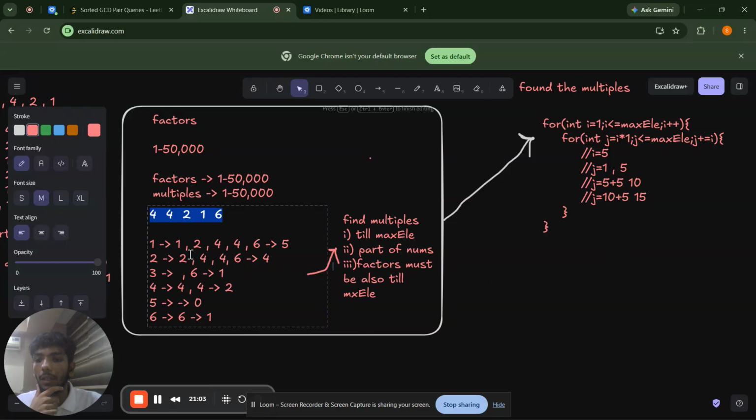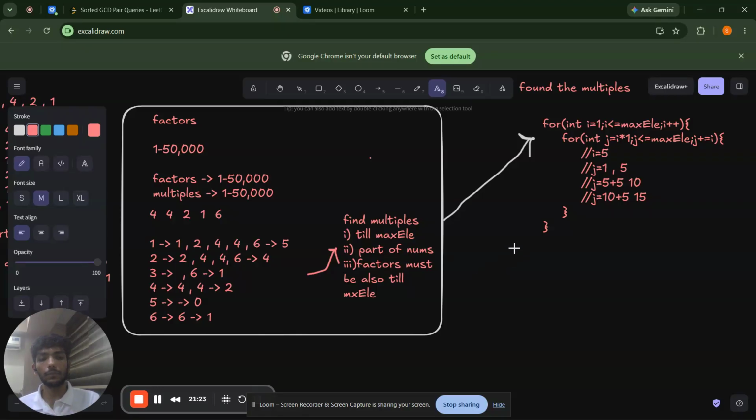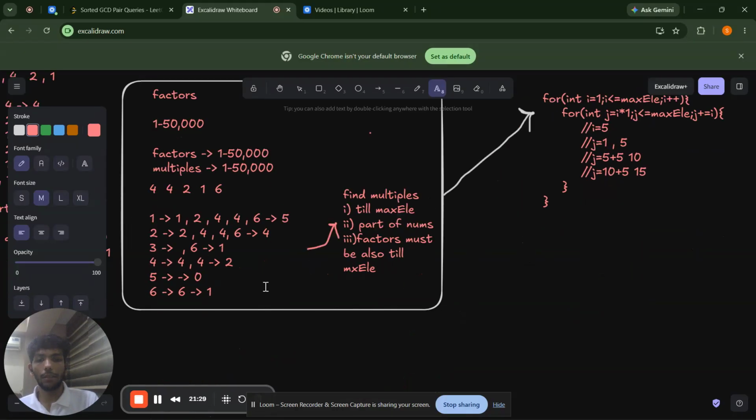So how will we keep a track that this one is useful for this many fours, and the 3 which we found is not at all helpful here? To keep a track of how many it is useful for, our first intuition might be a map. And here, let's create one map.